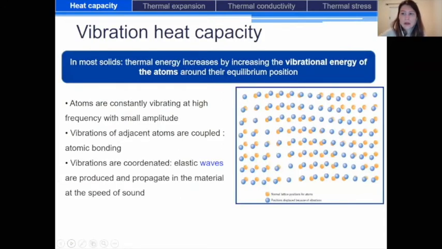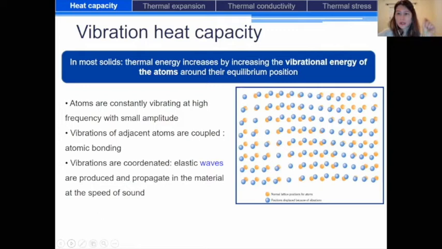So let's explain this heat capacity. So in most solids, thermal energy increases by increasing the vibrational energy of the atoms around their equilibrium position. So when we represent the atoms in a material, we used to represent them at a fixed position, but in fact, they are constantly vibrating at high frequency with a small amplitude.